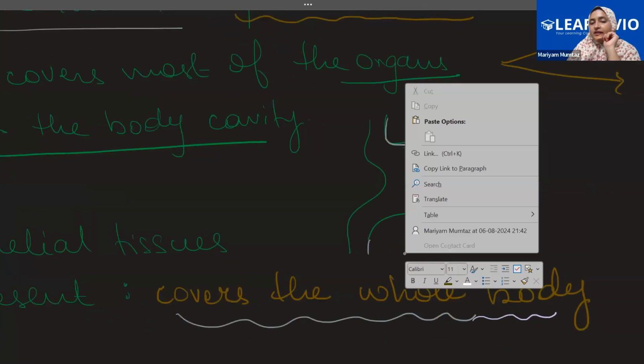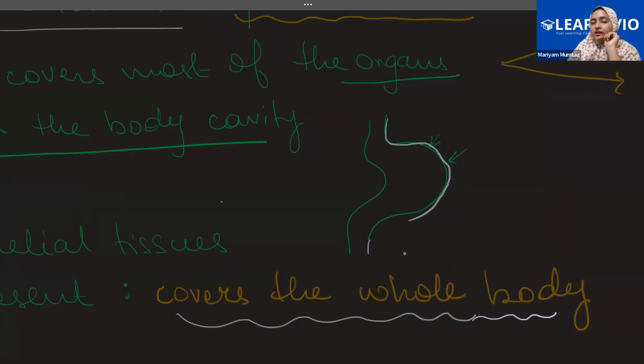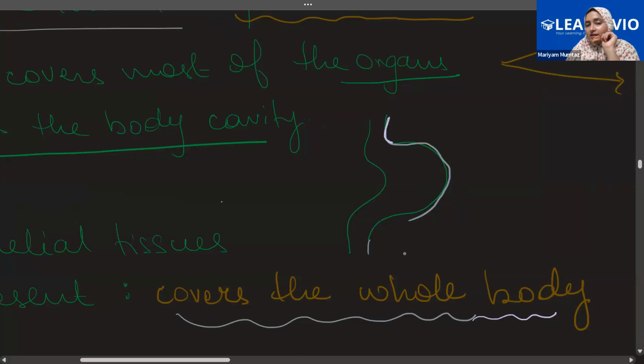This is a very rough picture of a stomach. Here, the white line, the part that surrounds the outermost area, will be the covering. Whereas towards the inner side, if anything is present towards the inner side of the layer of the stomach, we'll call it lining.